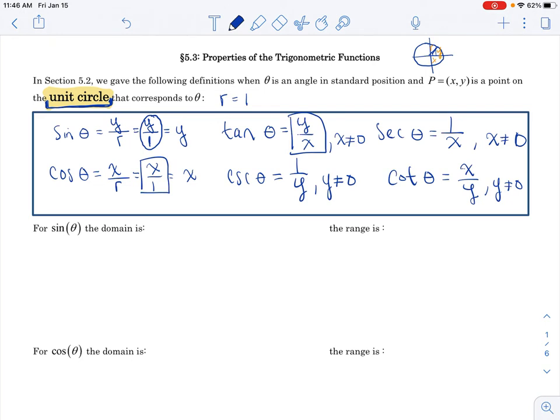These things are known as functions. Hopefully you've heard that word before, and it's going to keep being drilled into your brain. The idea of a function is that for every input, you have exactly 1 output, so it passes the vertical line test, all of those things you talked about in algebra before you came into 112. Some notation is f of theta equals, and I'm going to talk about sine as a function.